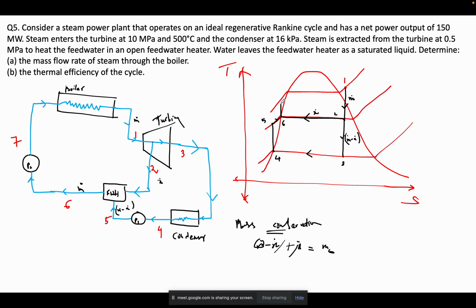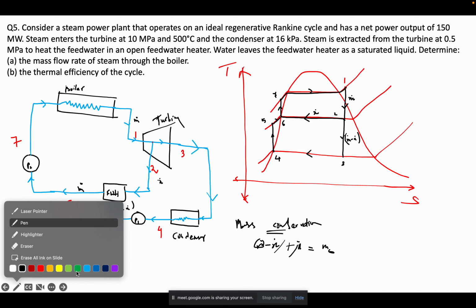Then from 6 to 7, this is done by the pump 2 process, and this is the overall regenerative cycle. So what happened basically, if this would not have happened, the heat input would have been done from 5 to 1. This is the boiler pressure.